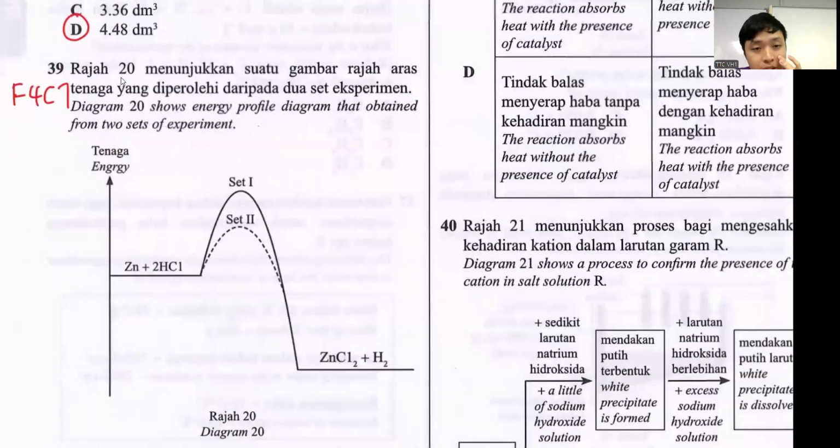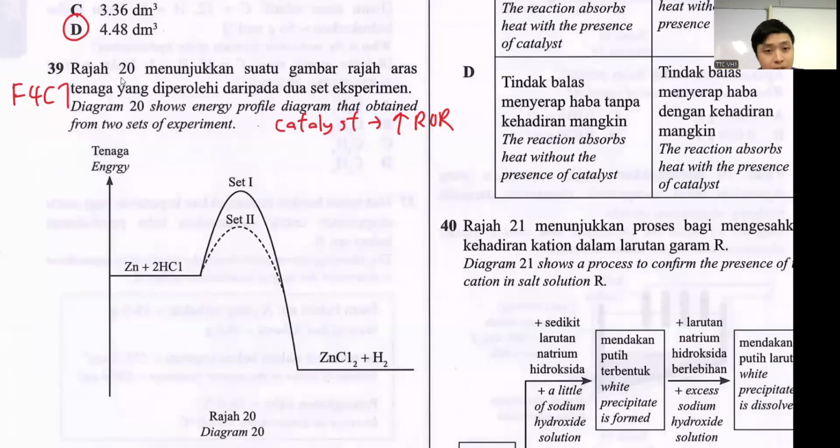Which one has the presence of catalyst? Normally, if you got no catalyst, the activation energy will be higher, because if you got catalyst, it can increase the rate of reaction. It means the reaction uses shorter time to complete.